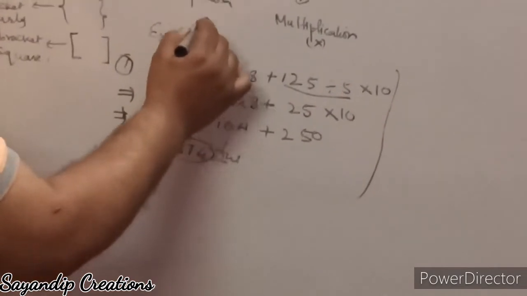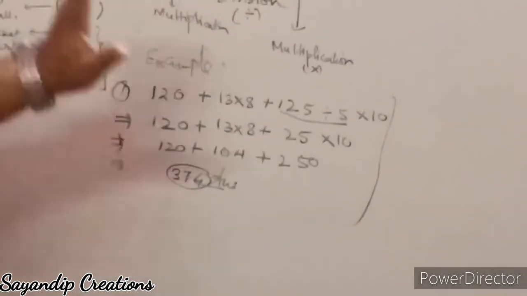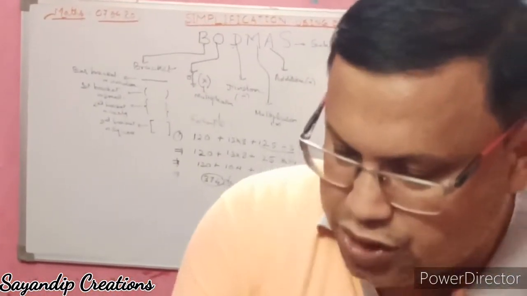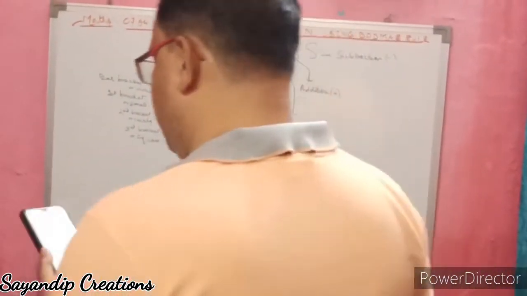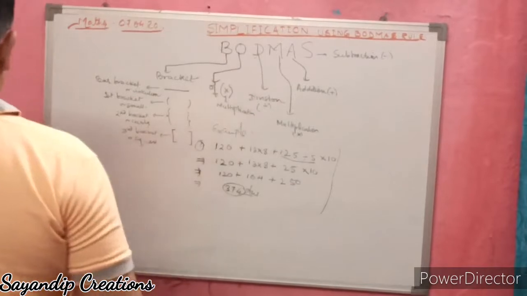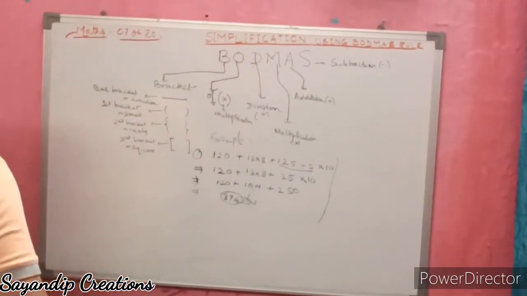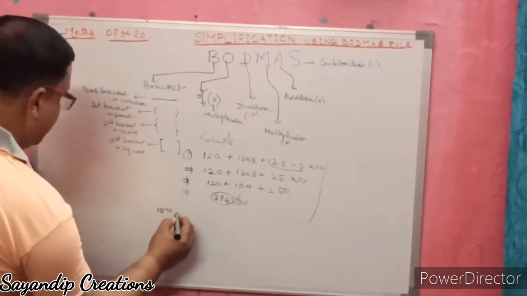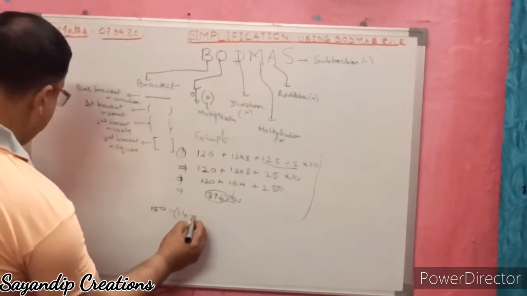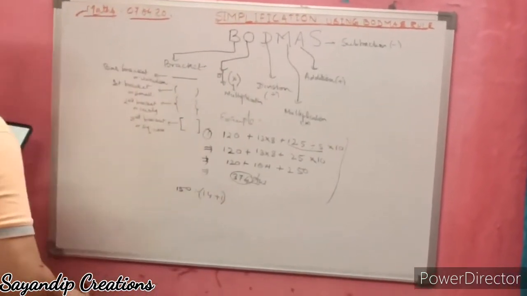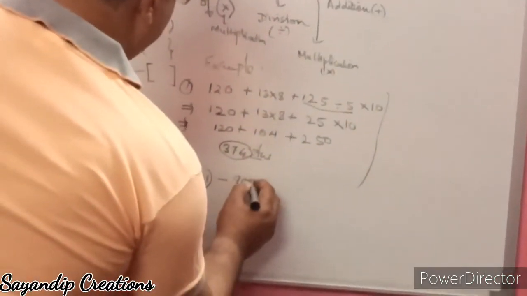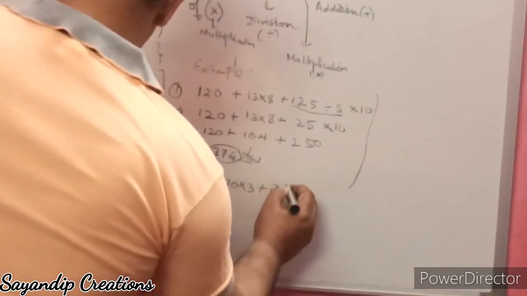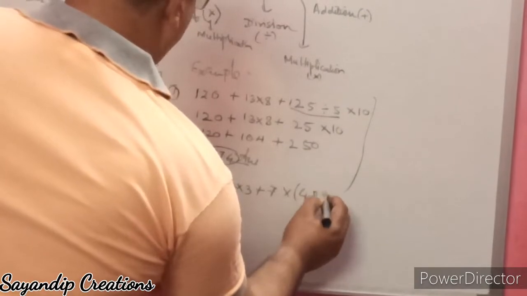I will give you some exercise. Along with this video, I will upload some questions and the notes. Now the second question which I am giving for you to solve: 150 divided by (14 plus 1) minus 90 into 3 plus 7 into 4 of 5.